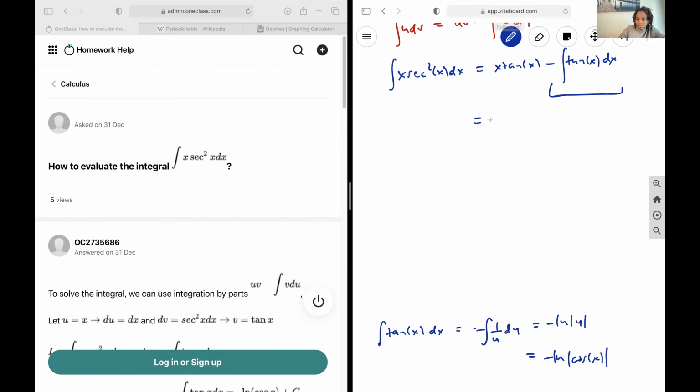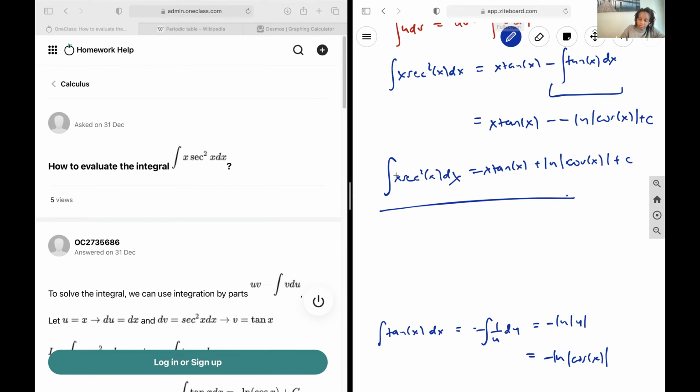And so this will become x tan x minus ln of cos of x. And then now, since we've gotten rid of all of the integrals, we can put the plus c now, since it's an unbounded integral. So we get x tan x plus ln of cos of x plus c is equal to the integral of x secant squared x dx. And that's your final answer.